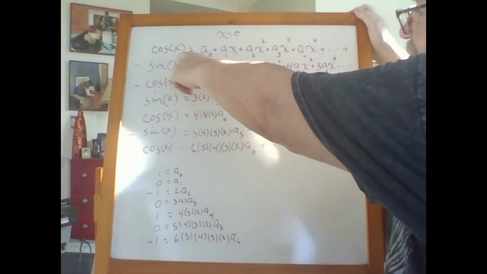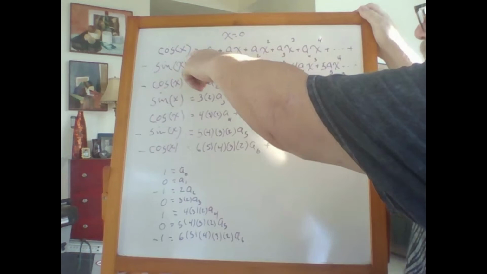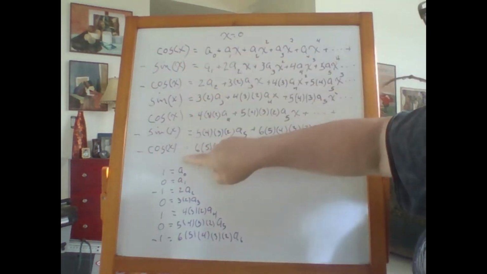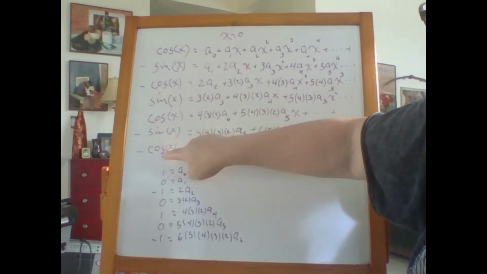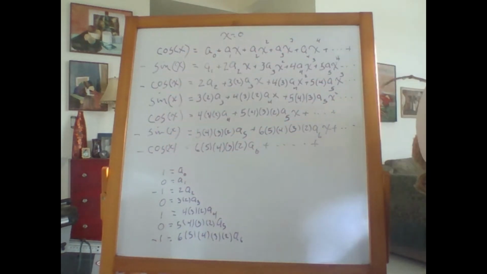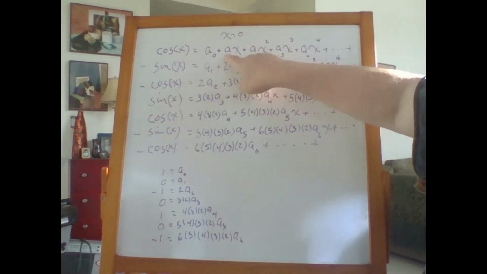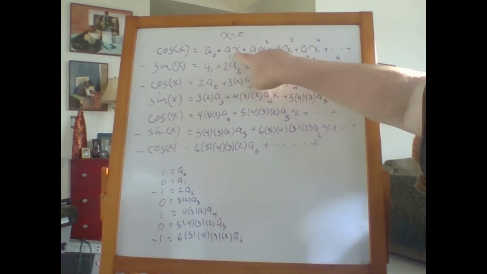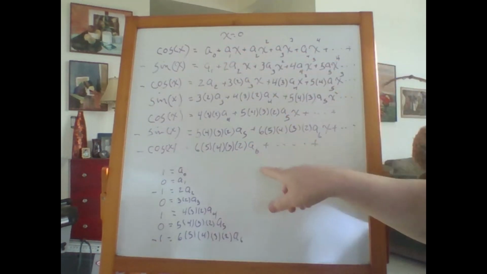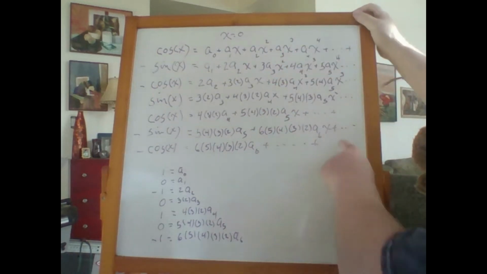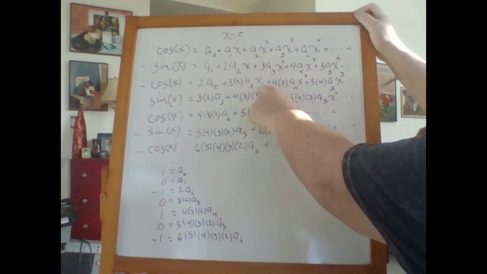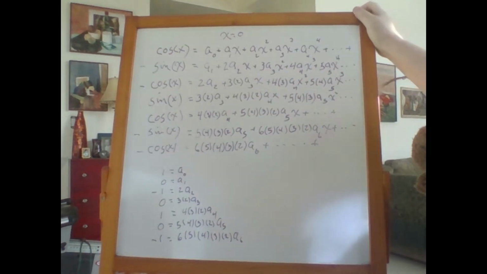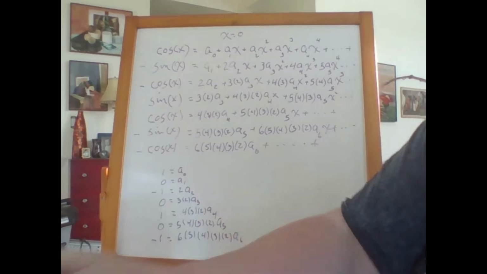And then I set x value to 0, and I would get values for the different derivatives, and I would also be able to isolate a single coefficient, because all of the coefficients that have x's will be 0 when you set x equal to 0.